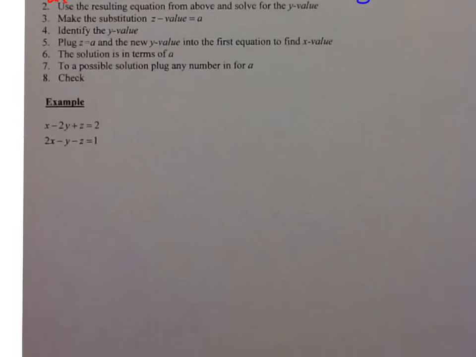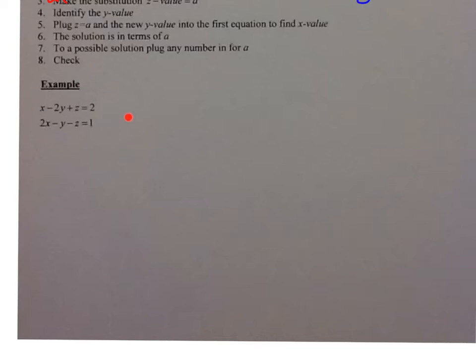All right, so let's take a look at, this was the try this, and then we're actually going to solve this non-square system of equations. So the first thing I'm going to do, like what I did in the try this, is eliminate the x values. So I'm going to multiply the top equation by -2.